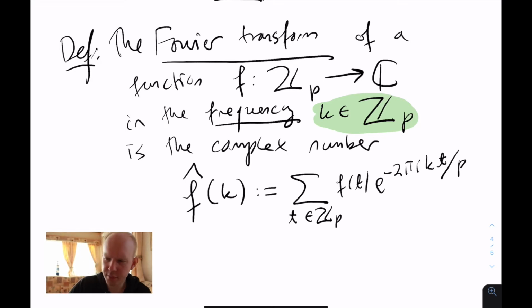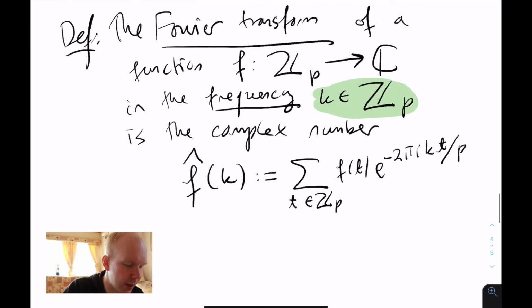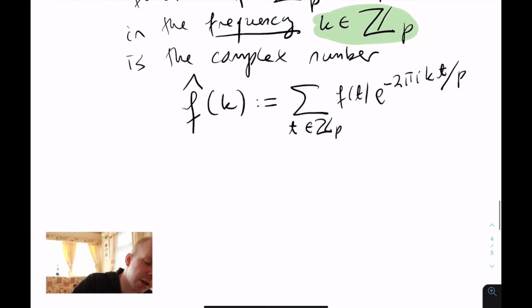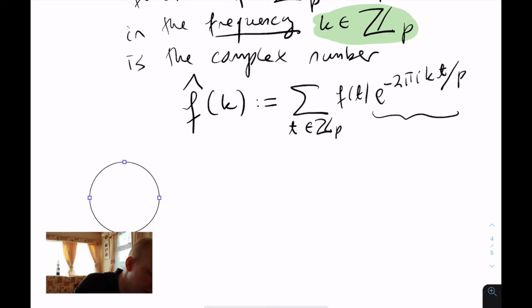And so basically what we see here is a sum of complex numbers. These numbers here could be considered as on the circle. So this is the complex plane over here, and now we have the unit circle here.